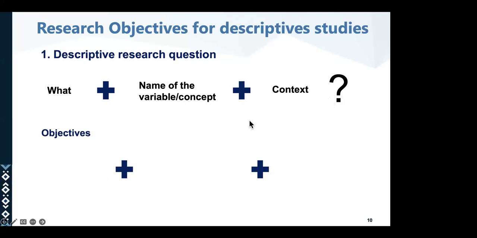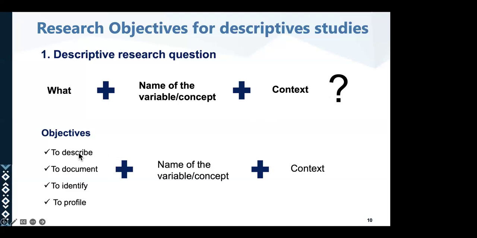The objective will simply be to describe. In the descriptive research question we are describing, we can document, we can identify, we can profile. Then the name of the variable or concept, and then the context.